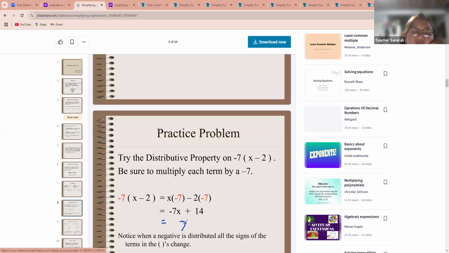Nobody is answering. Do I have some students here? Shitya, how about Shitya? What do you think? Can I combine negative 7x and positive 14? Just simply answer me with yes or no. According to Mark, yes. How about you?